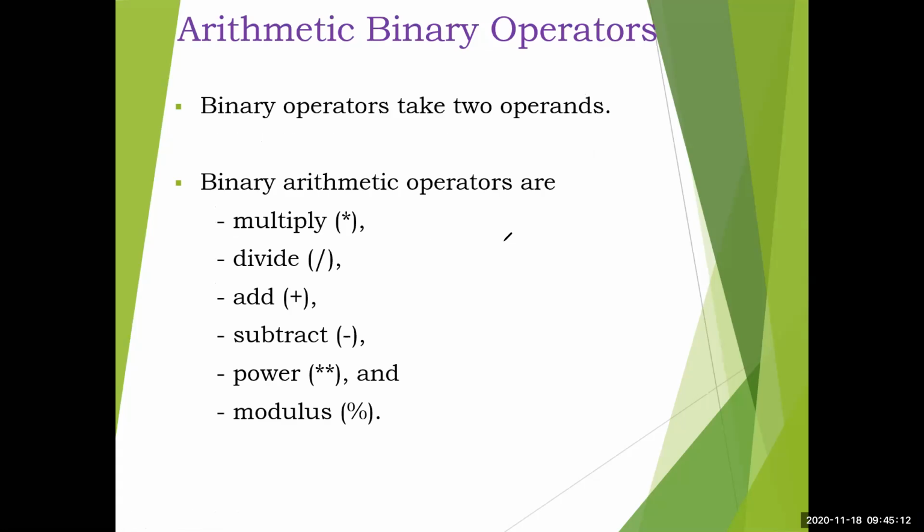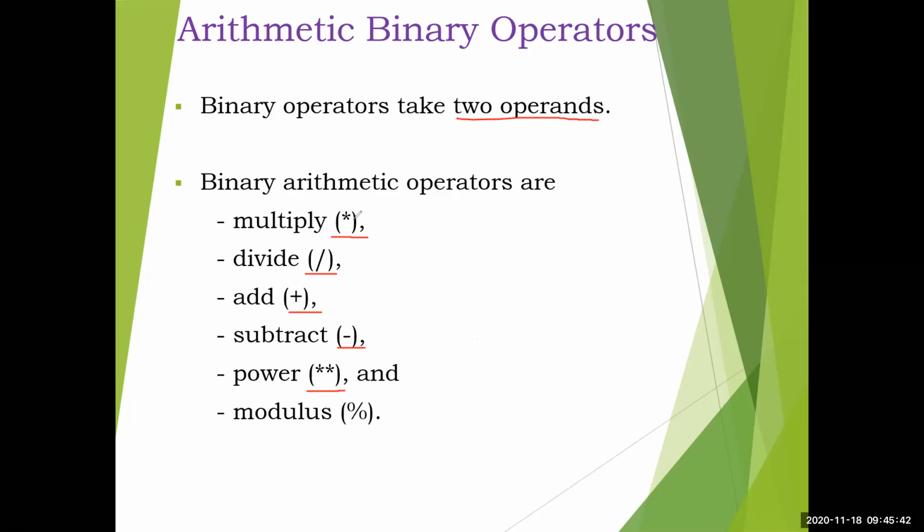As I told you, binary operators take two operands. The binary arithmetic operators are multiply, where some of these symbols are the same as in C programming. Multiply uses star, divide uses slash, addition uses plus, and subtract uses minus. This does not change in any programming language. For power, if you have to write 2 to the power 10, you use a double star.